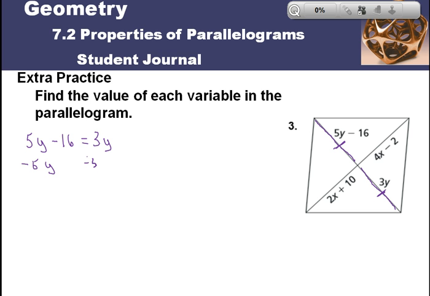So I'm going to subtract 5y, and I'm going to be left with negative 16 equals negative 2y. So I can divide both sides by negative 2. And I get y is 8. So now I know that y is 8. Okay, so x. So let's switch colors.